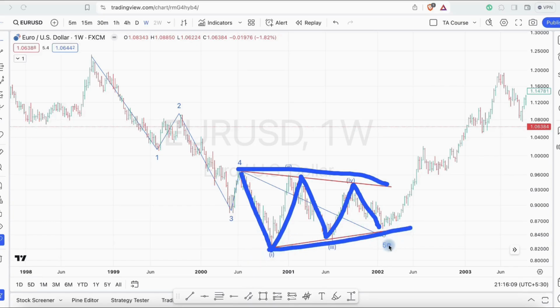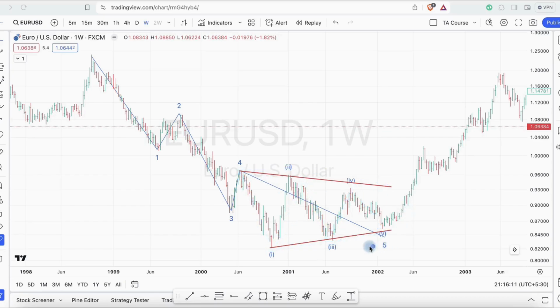And after this ended, so this is the ending diagonal for you, and once the fifth wave ended, correction started in form of which looks like ABC to me, right? So that's how we can understand the wave structures and what's happening, what waves are starting, what waves are ending using leading and ending diagonals.